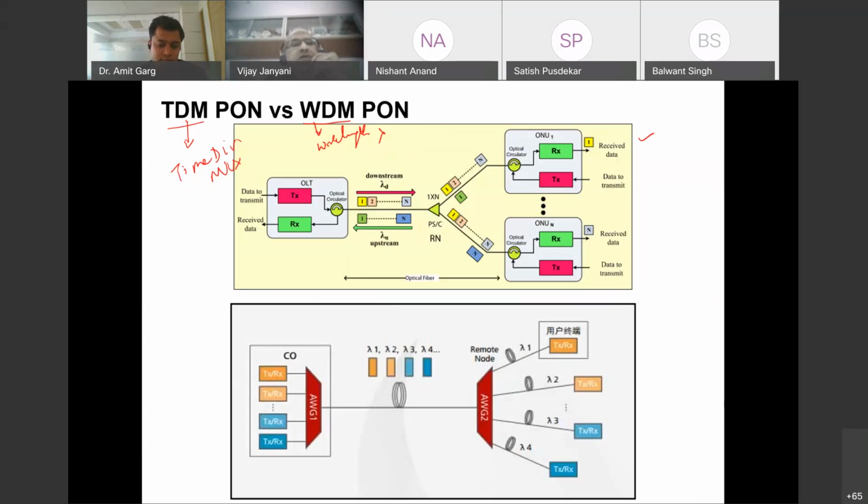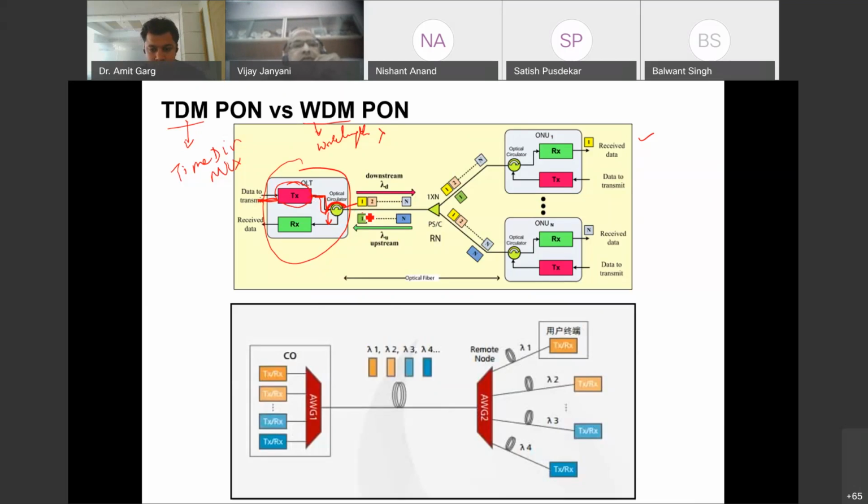How does TDM work here? You see that this is the OLT. There is data to be transmitted that is modulated, and then there is a transmitter, and then there is a circulator. The circulator allows the signal to go only in a cyclic fashion. So any data coming from here will not come directly here; it will go like this.